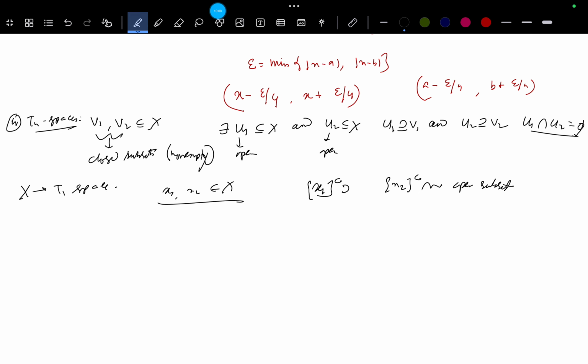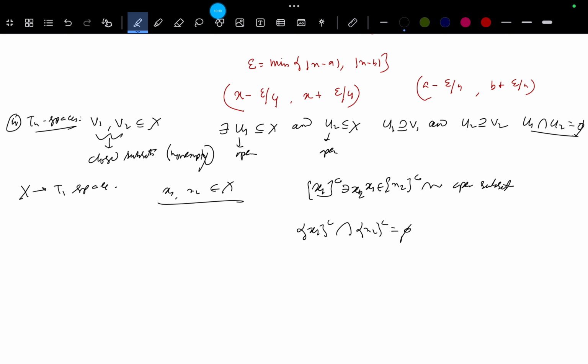But x1 complement contains small x2, and x2 complement contains small x1. So there is no guarantee that x1 complement intersection x2 complement will be the empty set. There is no guarantee for that.